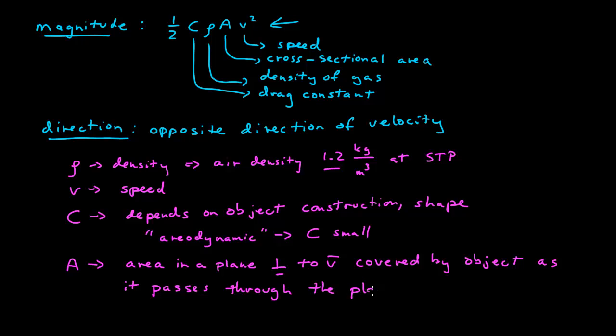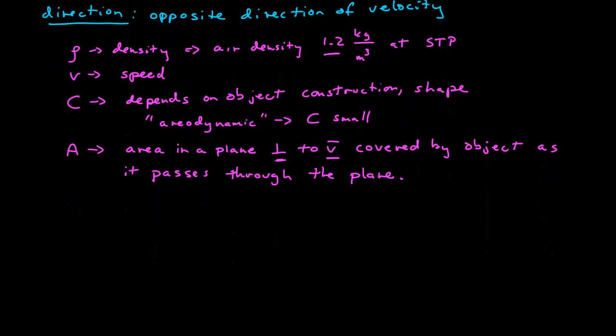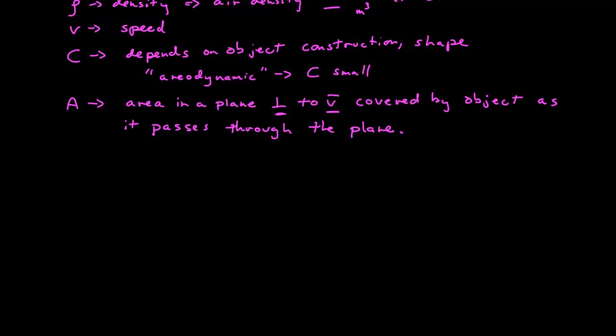What does that mean? Imagine a two-dimensional plane that's perpendicular to the velocity of the object. The object is going to pass through that plane. As it passes through, the area covered by the object is the cross-sectional area.